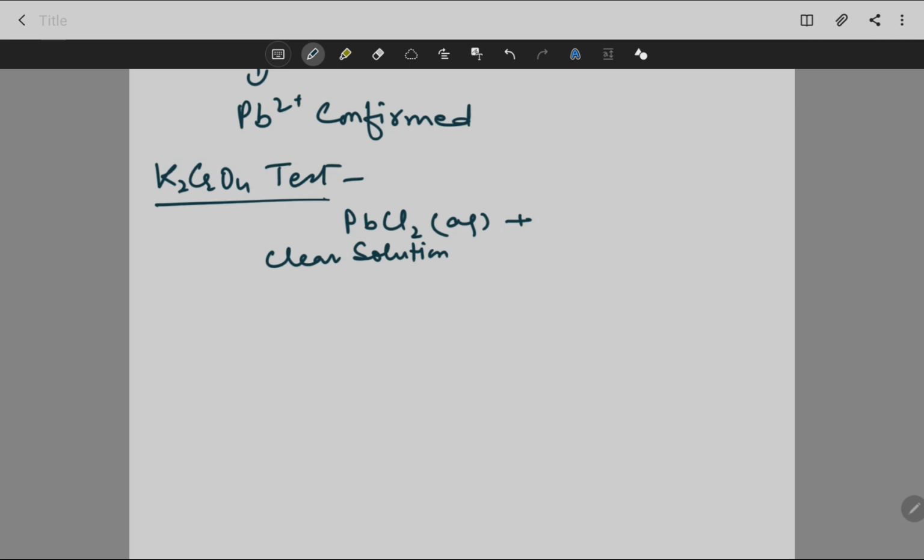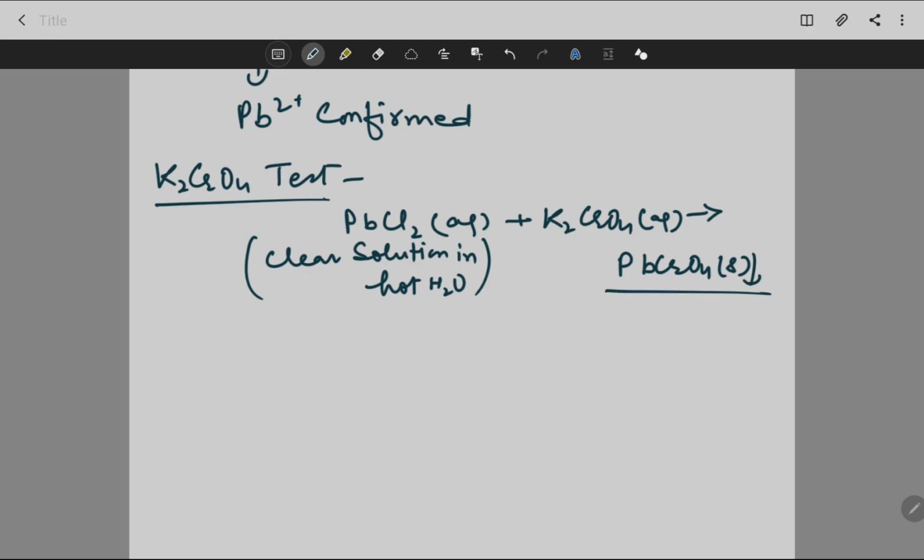How did we obtain the clear solution? After dissolving in hot water. Now to this lead chloride we added aqueous K2CrO4, and we get the yellow precipitate. What is the compound obtained here? PbCrO4, lead chromate, formed plus KCl. So that is why we get the yellow precipitate.